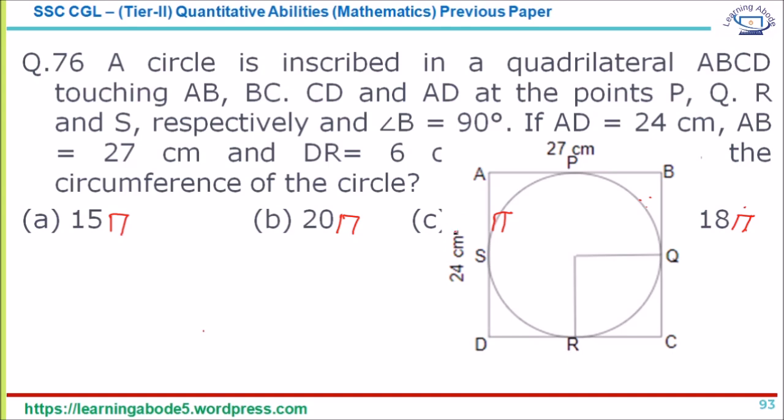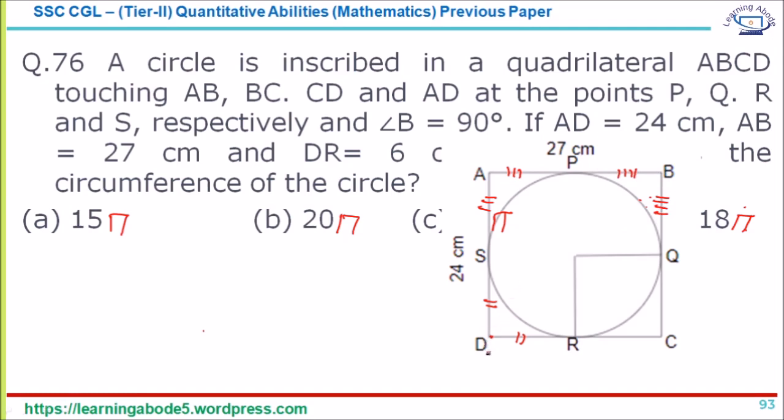Now, from this point you have two lines, one touching S and one touching R. These two are tangents and these two lengths are equal. Similarly, AS is equal to AP, and BP is equal to BQ.